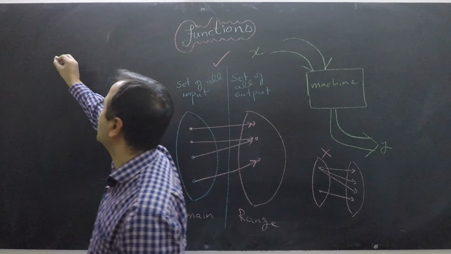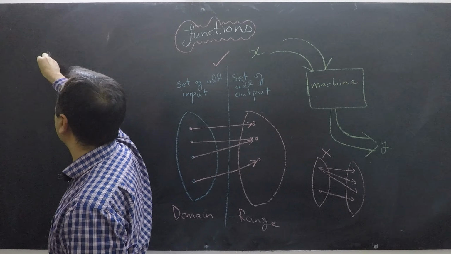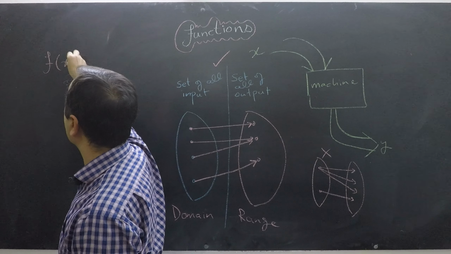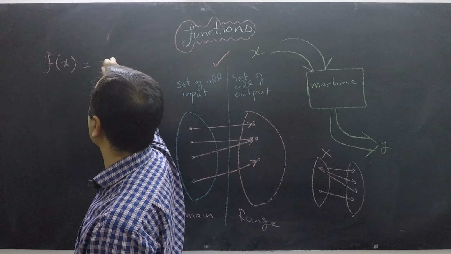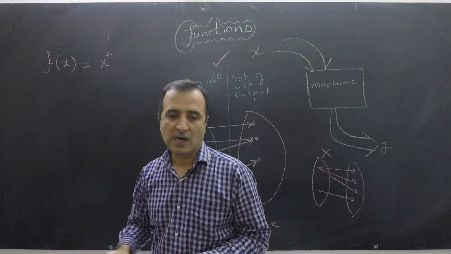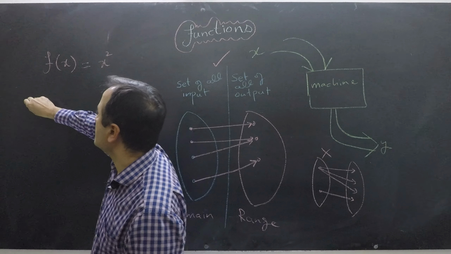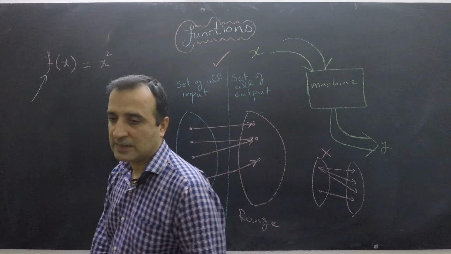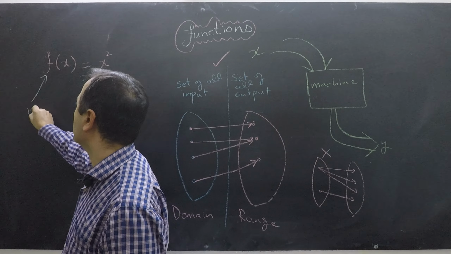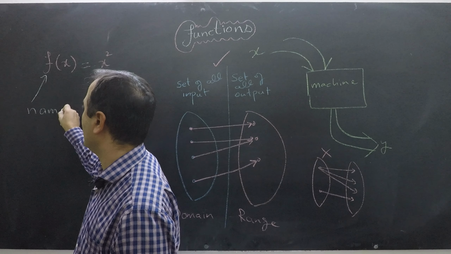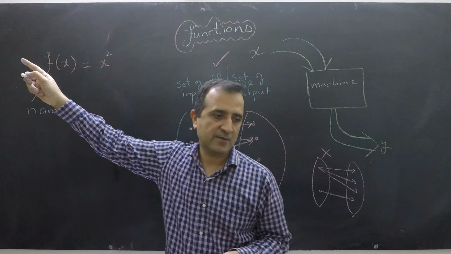Now let's write some functions mathematically. Usually we write a function mathematically like this: f(x) is equal to x squared. This is a mathematical representation of a function, where f is the function name. This is the name of our function, and the name of the function is f, right?